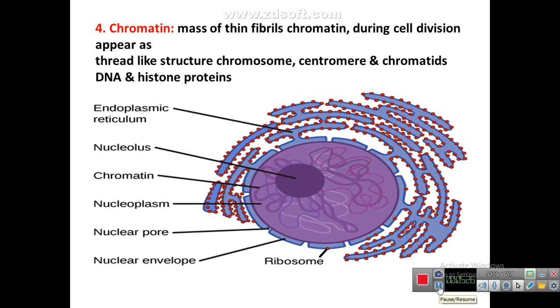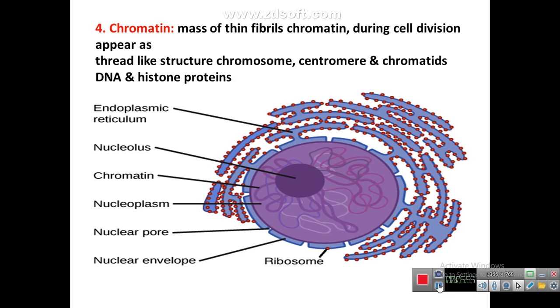The diagram shows the nuclear envelope, this is the inner membrane and then the outer membrane. The space between the outer and inner membrane is known as the perinuclear space.